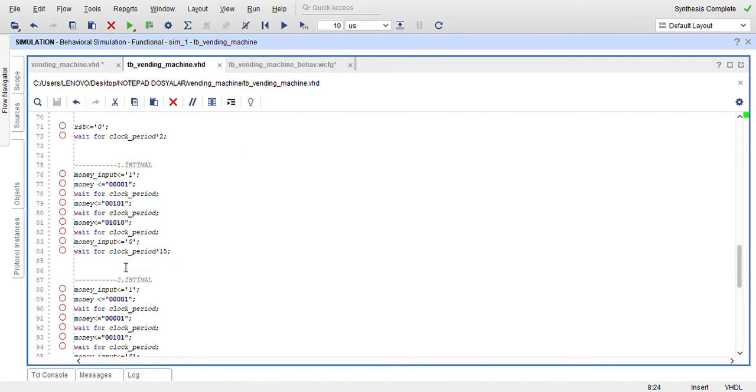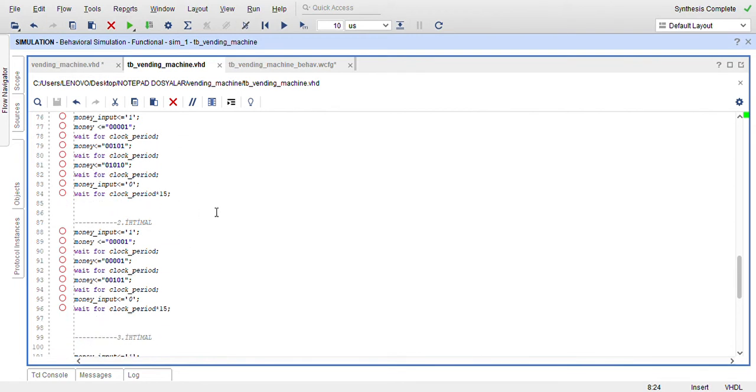It will be clear to see when we run our simulation. 1 plus 5 plus 10 is equal to 16 Turkish liras, and it's enough to buy our product, which is 10 Turkish liras. This is the first possibility.